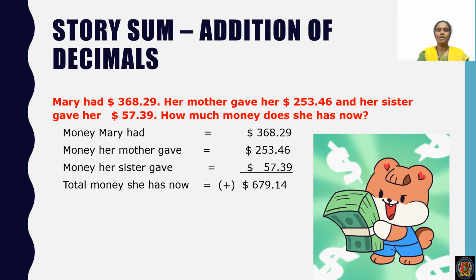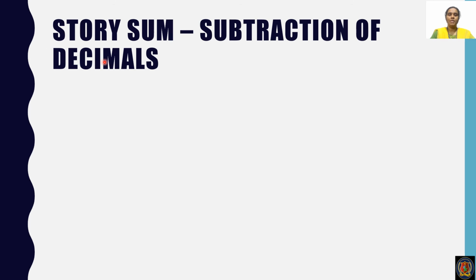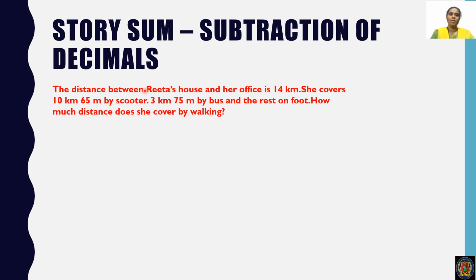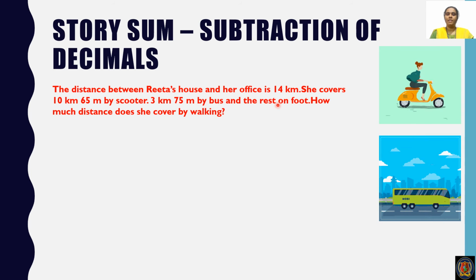Now we are going to see another story sum. The distance between Rita's house and her office is 14 km. She covers 10 km 65 meters by scooter, 3 km 75 meters by bus and the rest on foot. That is, she is walking the remaining distance. How much distance does she cover by walking? Actually, in this sum we are going to do two operations.